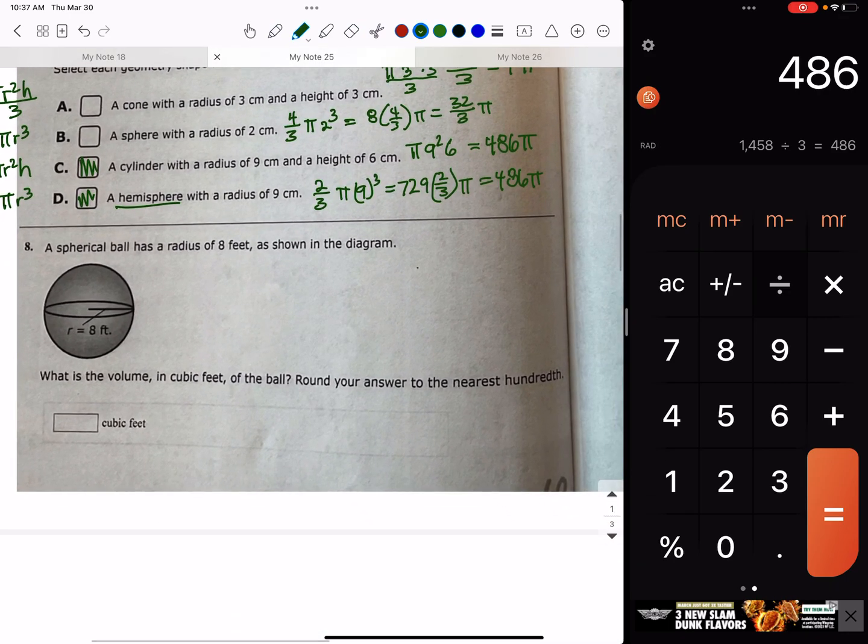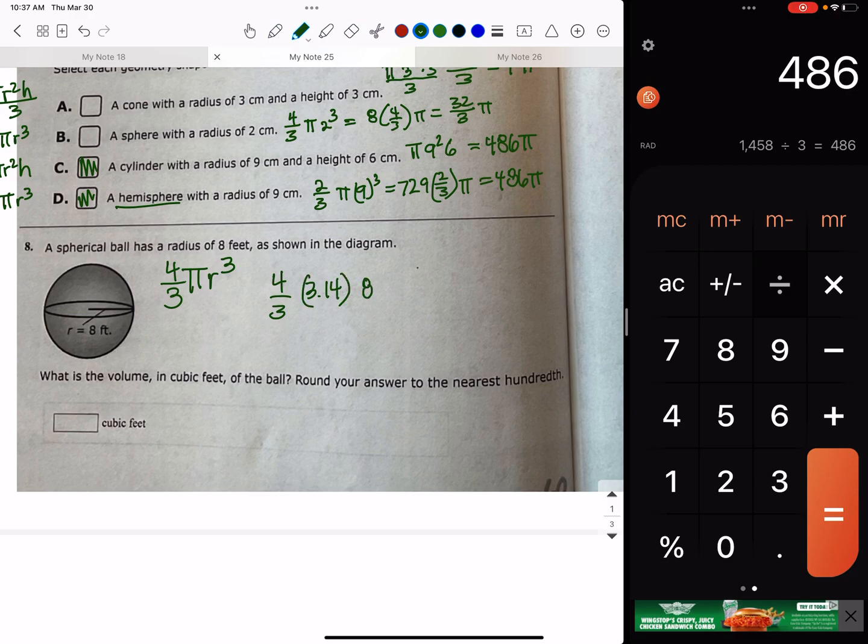Number 8, a spherical ball has a radius of 8 feet shown in the diagram. Okay. We take a circle, pi r squared, but we make it 3D, and we put the fraction in the front. What's the nearest hundredth? Okay, we just plug in 8. 4/3 times pi is 3.14 times 8 to the third power. Okay, 8 times 8 times 8 is 512, so this is 4/3 times 3.14 times 512.